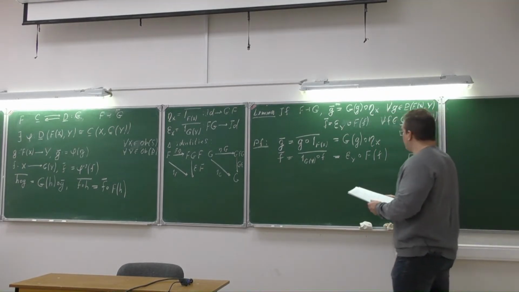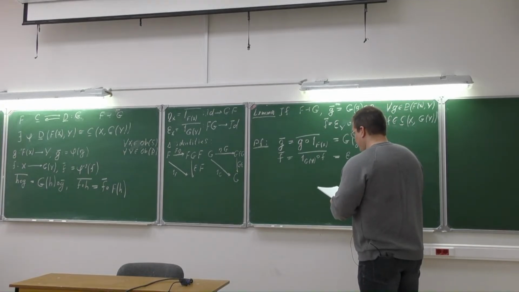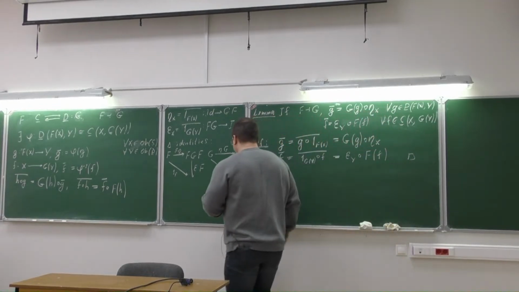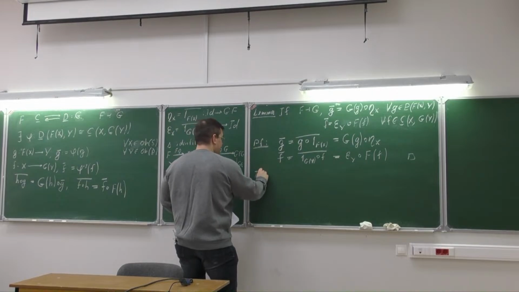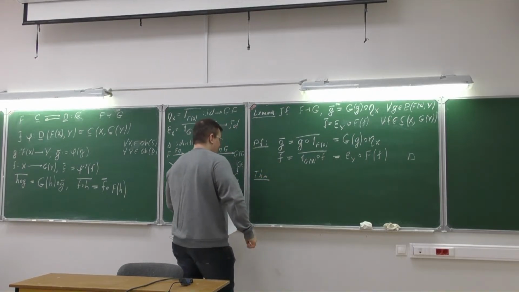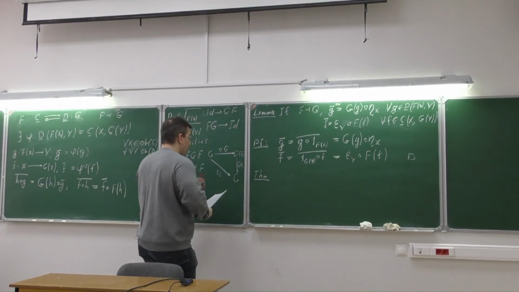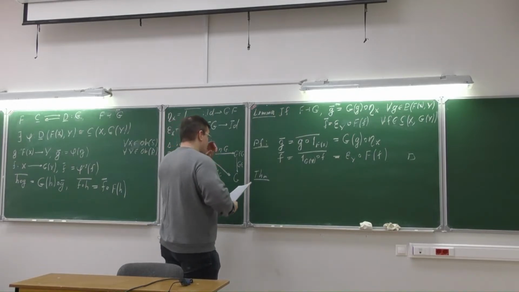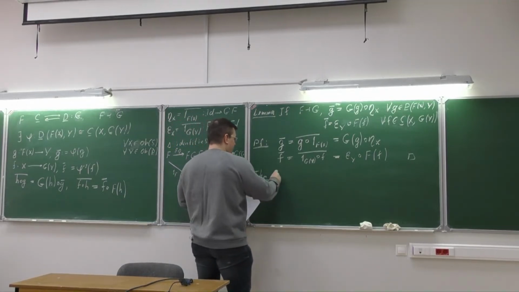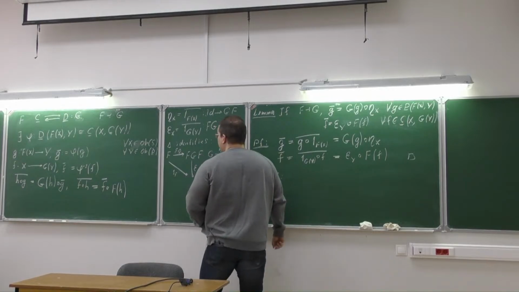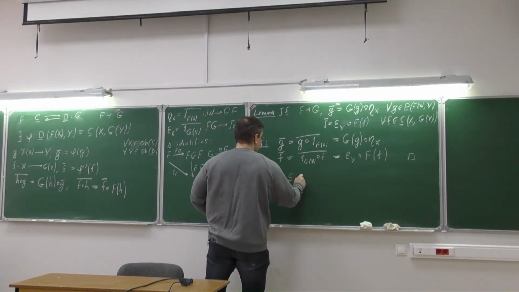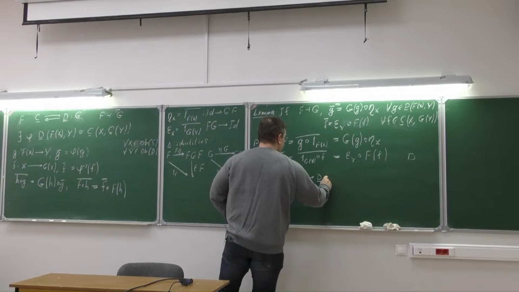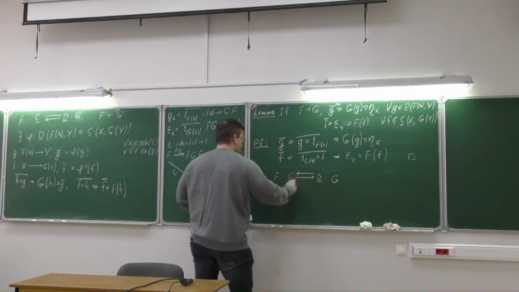Now, let me formulate the theorem. So theorem, another equivalent definition of what is an adjunction between two functors. So again, I assume that I have this diagram: functor f from category C to category D, and functor g going in the other direction.